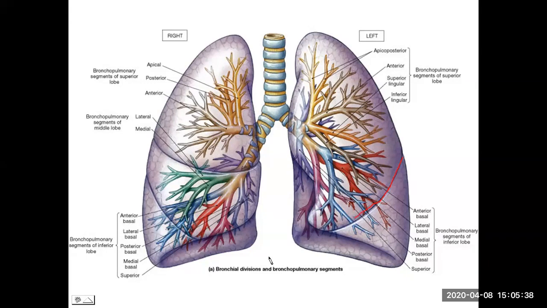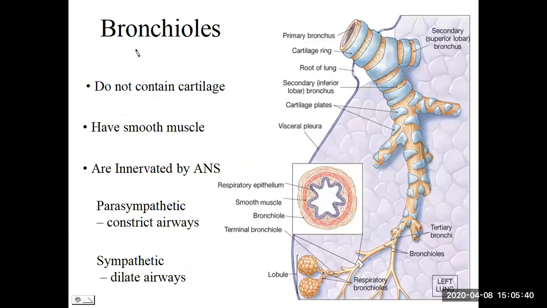So now we're going to move along to the smaller tubes, the bronchioles. And you now notice at this point, again, we no longer have that hyaline cartilage. So where in the previous sections, there's the protection and the fact that the cartilage will keep the trachea and the bronchi open.